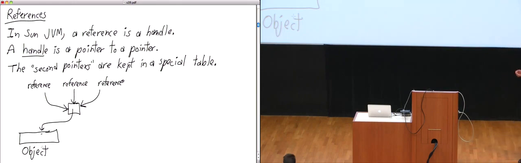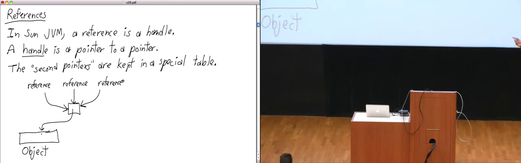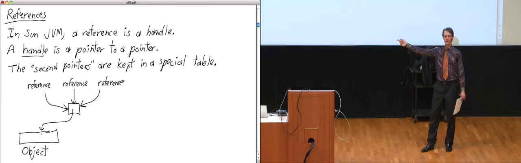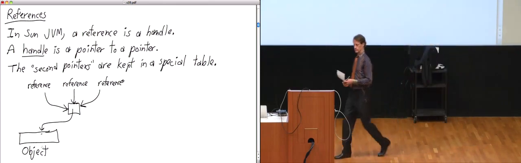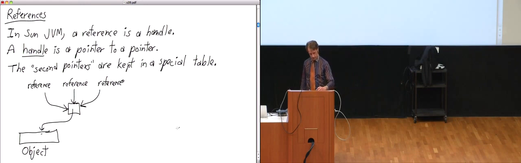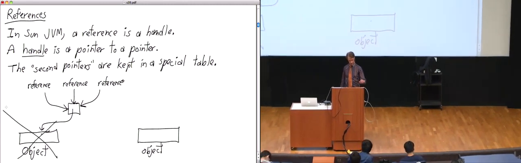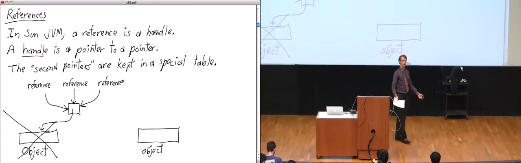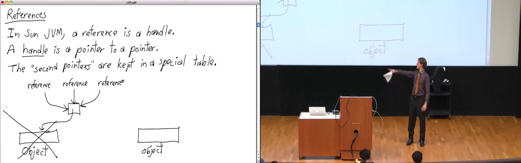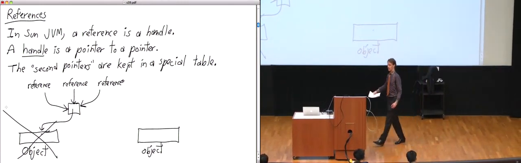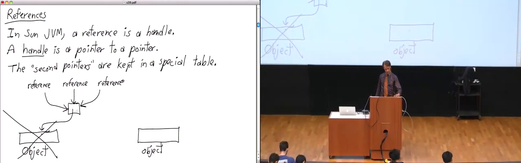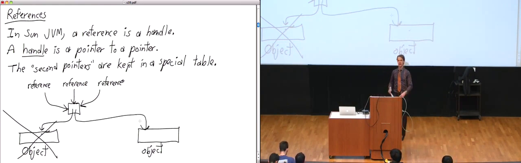So then, if the garbage collector comes along and says, that object is fragmented, I want to move it somewhere else, I'm going to pick up that object and move it over here. Well, all the Java virtual machine has to do is change that one pointer in the box so that now it points to the new location of that object.